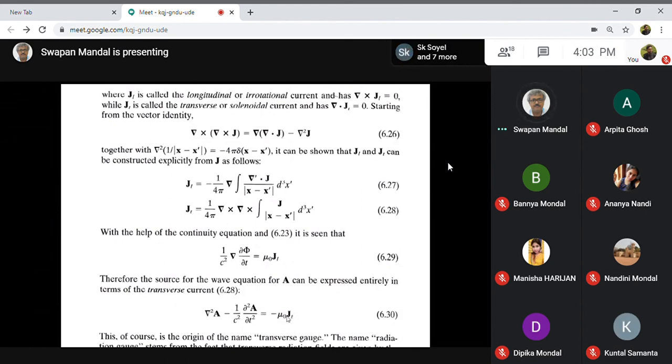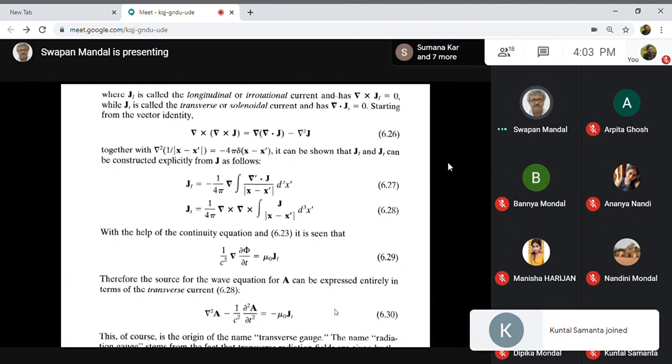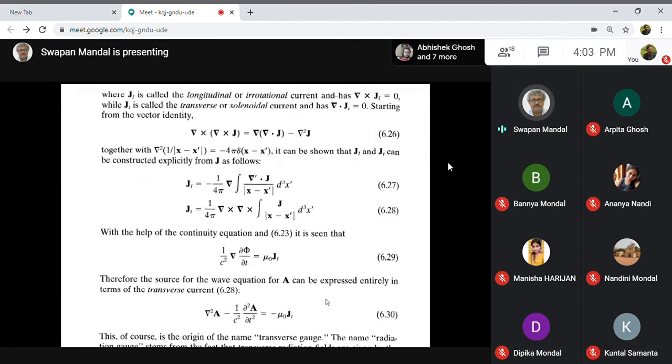So under Coulomb gauge condition, source is not taken into consideration. In that case, it will be very simple: del square A minus 1 by c square del square A del t square equal to 0. This is the wave equation. The solution is very simple. But if you put source non-zero, then the solution is certainly difficult to solve.